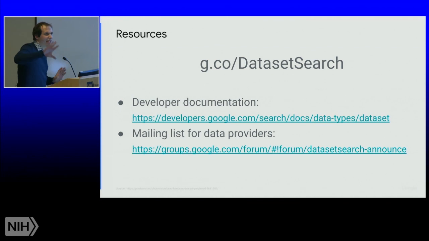Google's sister or other Alphabet companies such as Waymo also publish datasets, and we try to make sure they are indexed there as well. So those that are published by Google we index, but it's not a huge number. I'm pretty sure the NIH publishes orders of magnitude more than Google does.